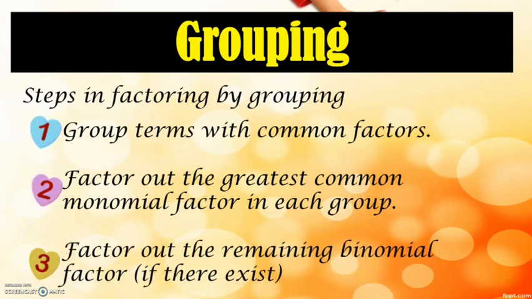And lastly, factor out the remaining binomial factor if there exists. So after extracting the greatest common monomial factor, we need to identify if there's still a remaining binomial factor, if there actually exists. Okay, so let's start.